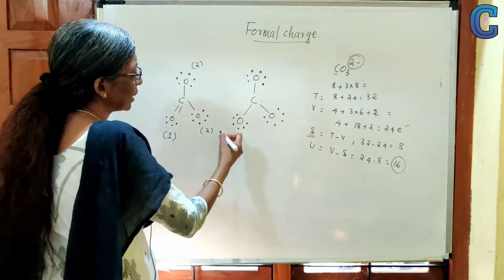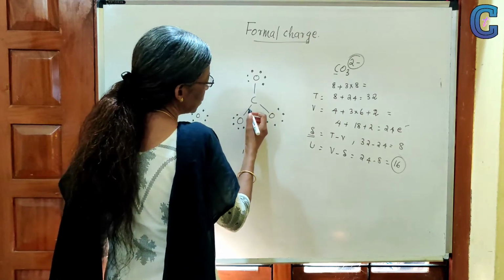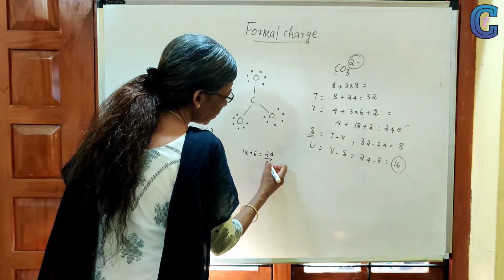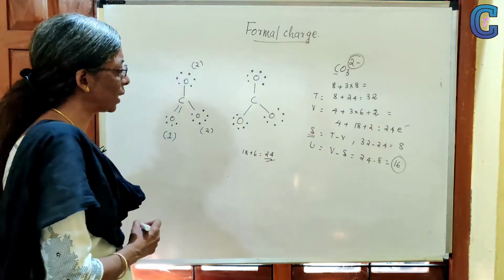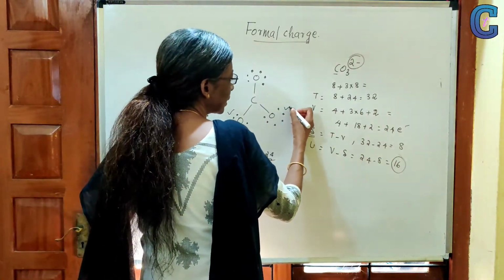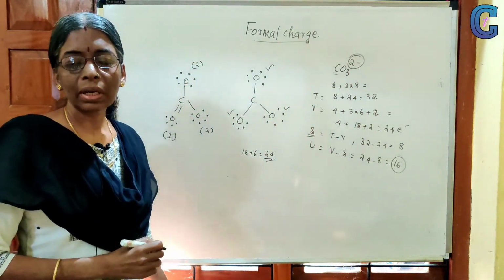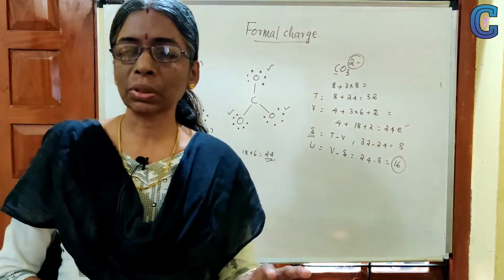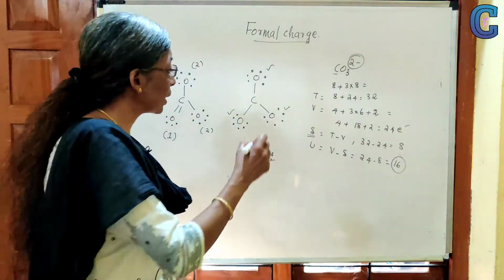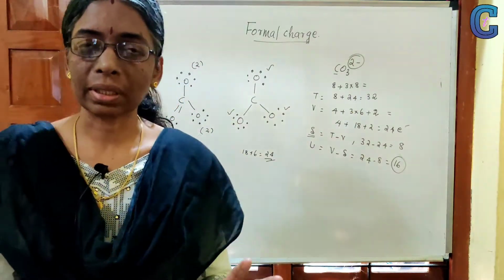So 6, 3 times 6 is 18, plus 2, 4, 6, then 24 electrons. But you see here, this octet is completed, this octet is completed, this is also completed. What about the carbon atom? Carbon atom 2 plus 2 plus 2, that means only 6 electrons are there. So in the case of carbon, the octet is not completed, right?